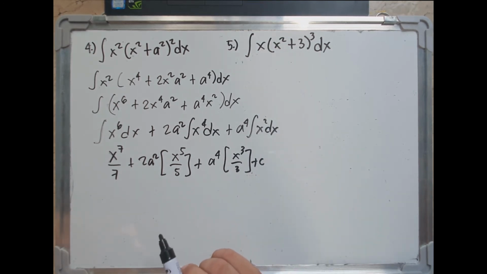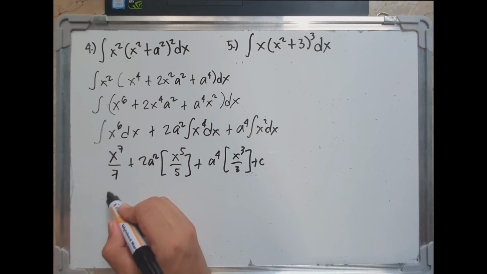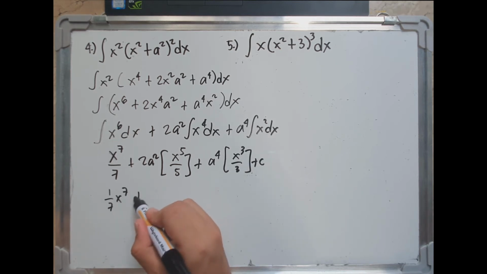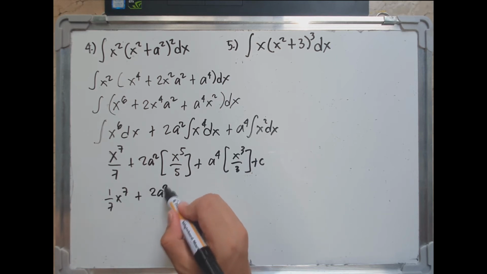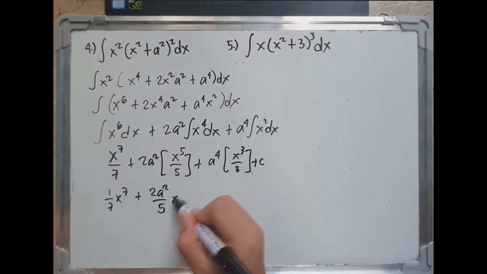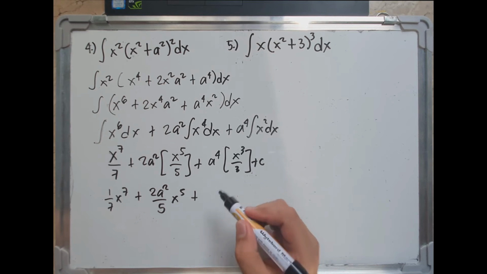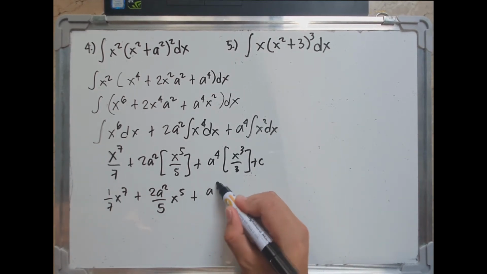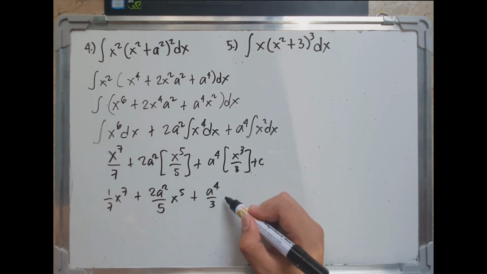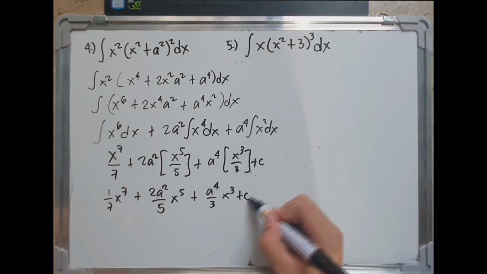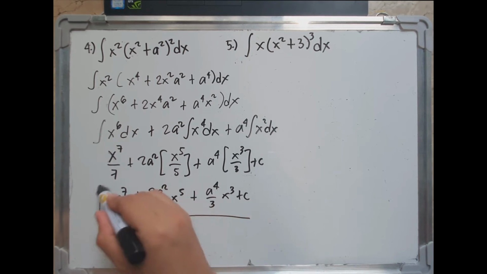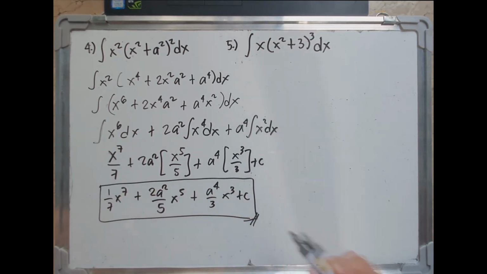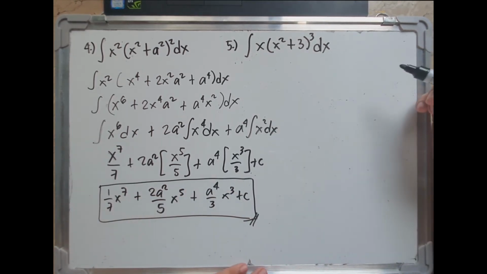So we would now have our final answer as 1 over 7 x raised to the power of 7 plus 2a squared over 5 x raised to the power of 5 plus a raised to the power of 4 over 3 x cubed plus c as our final answer. Now solving number 5.